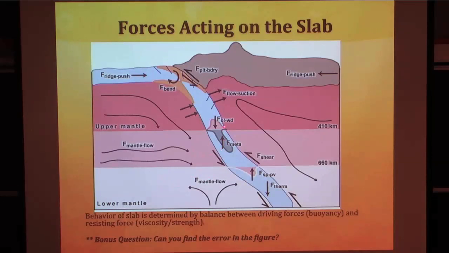Alternatively, if you don't easily transition from olivine to wadsleyite, you can have a metastable phase within the slab, which means the buoyant phase is being dragged down into the transition zone. So this green tongue is less dense than the surrounding area, and so it has a negative density difference.